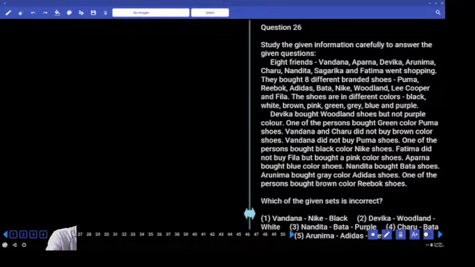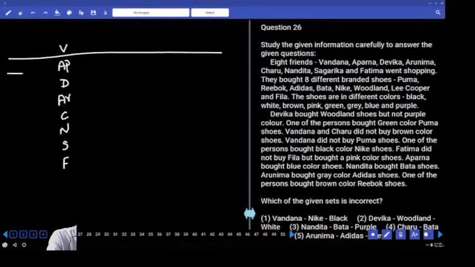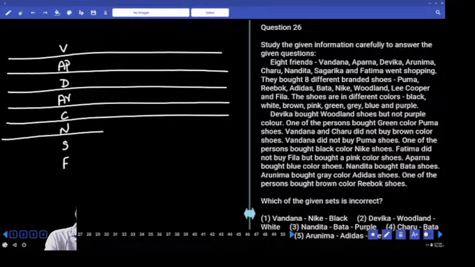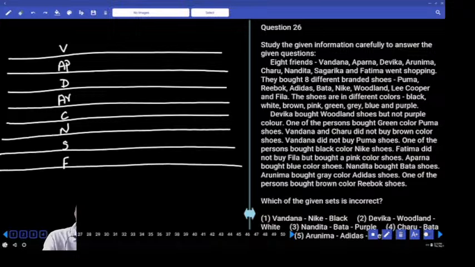This is Vandana, and next Aparna, Devika, Arunima, Charu, Nandita, Sagarika, and Fatima. These are the 8 persons we have, and they bought 8 different shoes of different brands, and the color is also clearly given. Then coming to condition number 1.